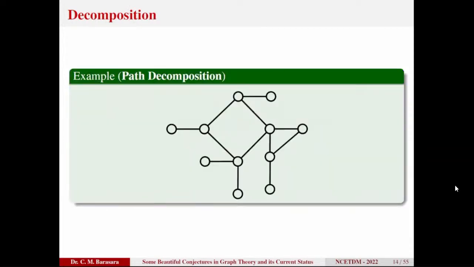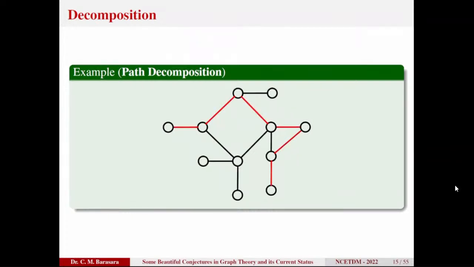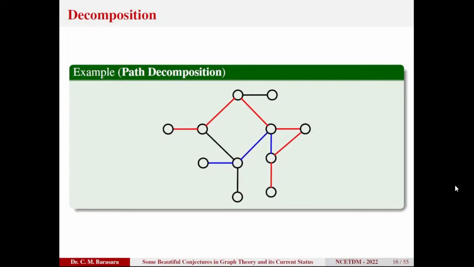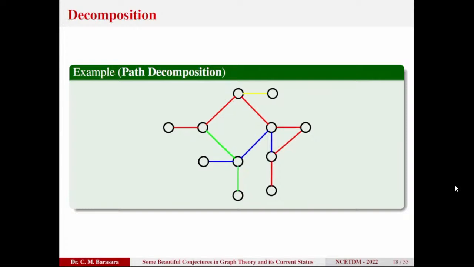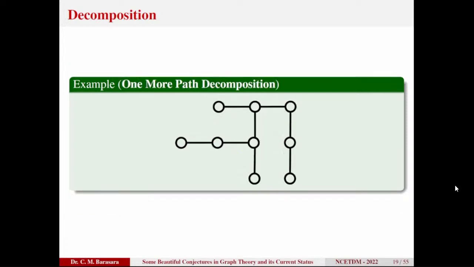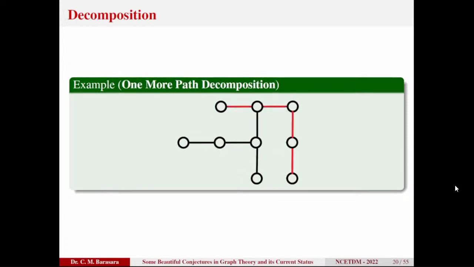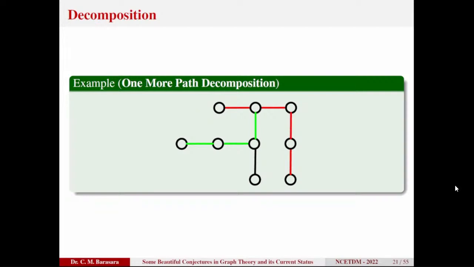Let me give you one example of path decomposition. I have considered this graph. This is the first path, the first subgraph. The second subgraph is shown in blue, then the third one, and the fourth. So this graph can be decomposed into 4 edge-disjoint subgraphs. Similarly, in one more example, this is the first one, second, and third.